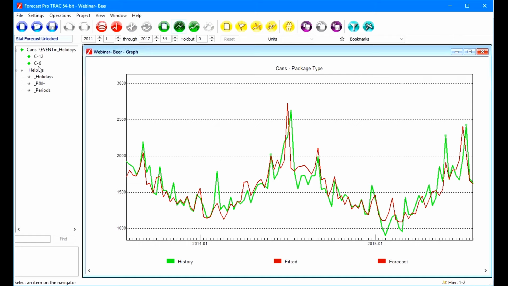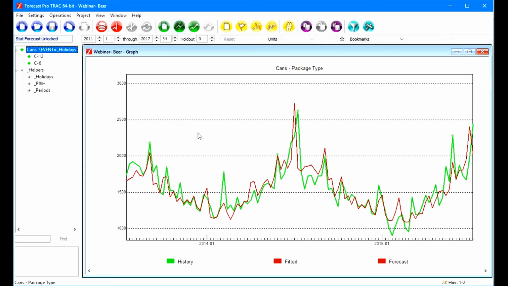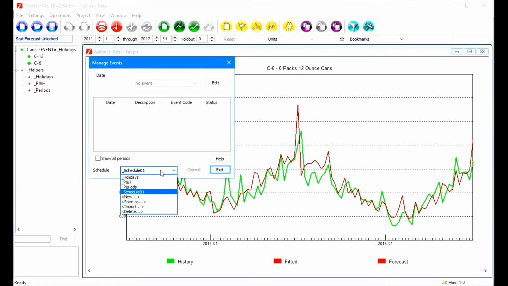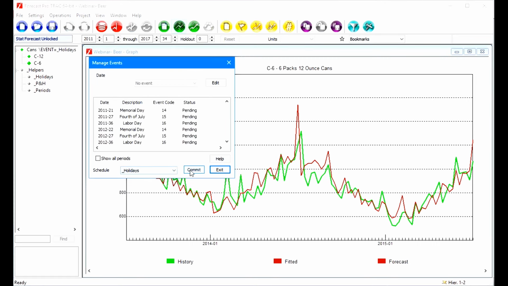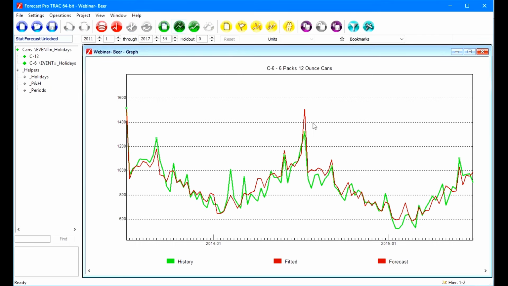And I'm going to go back down here, and you can see that we're actually not quite getting that right now. Let me go to the can 6 here, and I'm going to apply it here. And there we go. Okay. So now we can see that we are actually getting this 4th of July correctly with this event schedule applied.